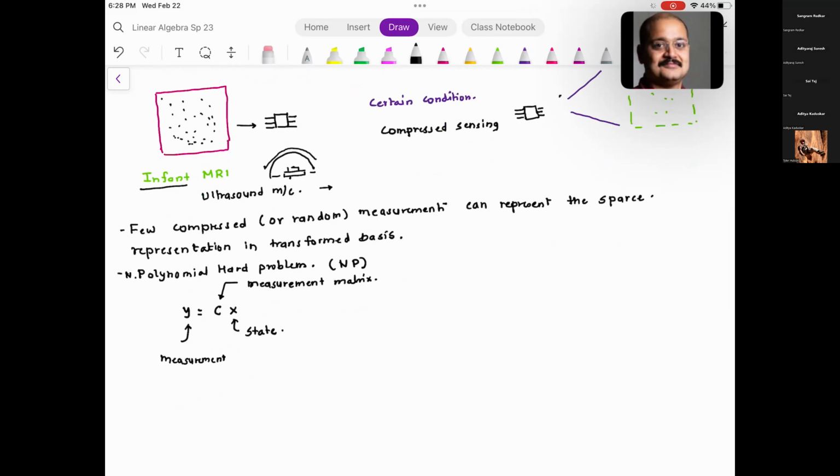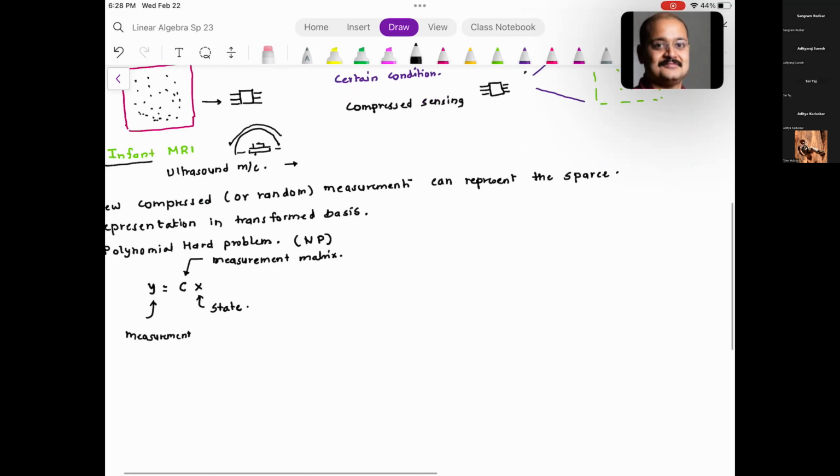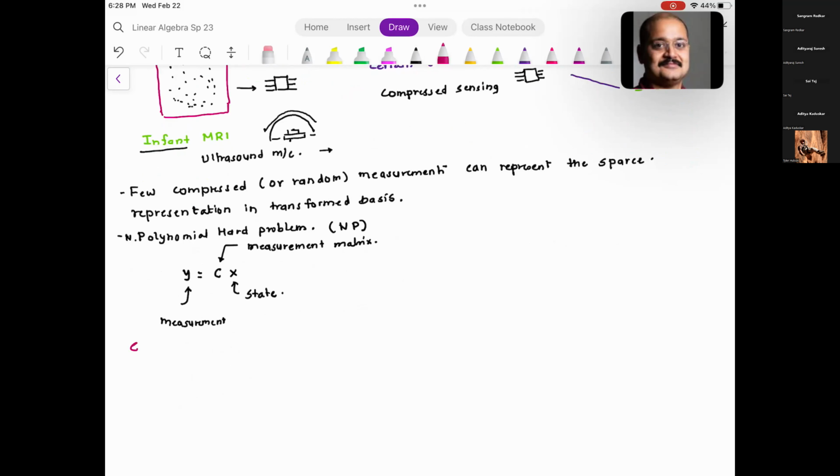The goal of compressed sensing is to find the sparsest possible vector, so that y is C psi s, where C psi is given as theta. So what does that mean?